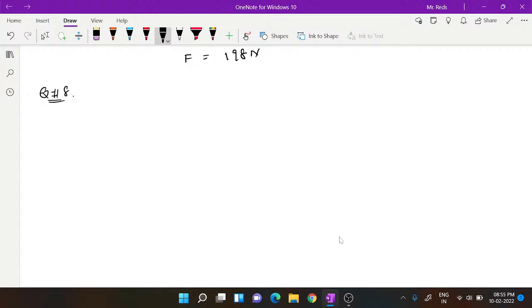As per the data, it is given that a particle A having a charge of 2 microcoulomb and a mass of 100 grams is placed at the bottom of a smooth inclined plane. This is a smooth inclined plane.